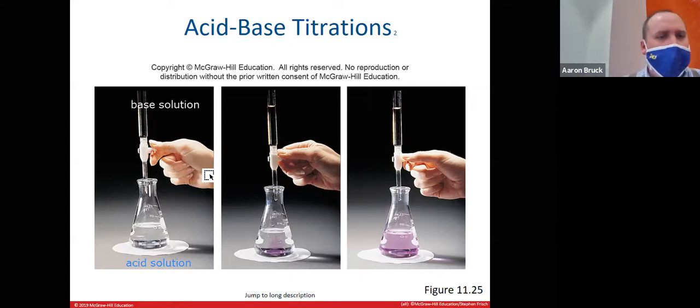And so the whole technique of a titration is you slowly add the base to the acid to get to that end point where we see that color transition become permanent for the first time.